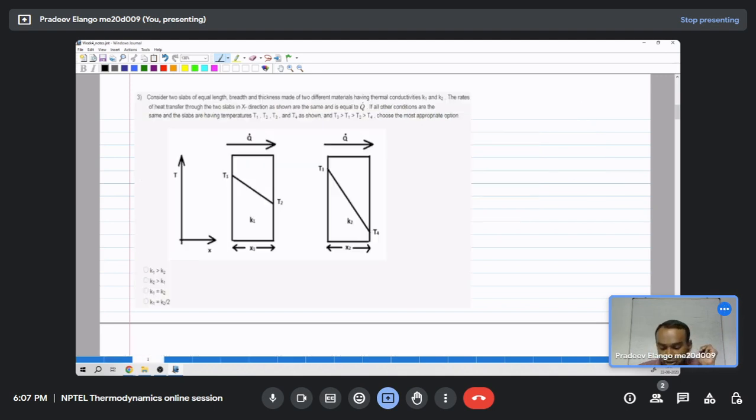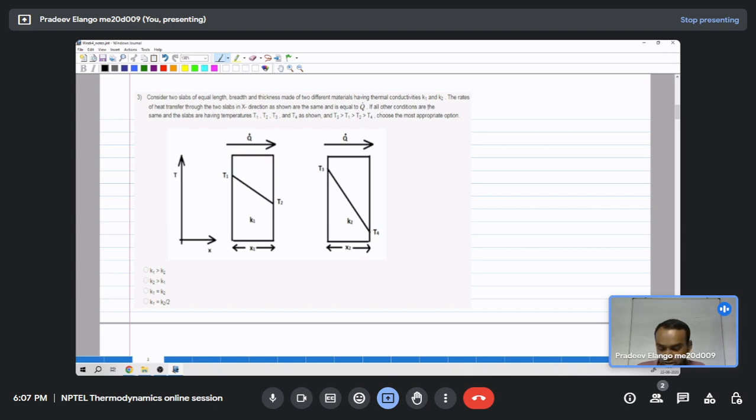The third problem: consider two slabs of equal length, breadth and thickness, made of two different materials having thermal conductivities K1 and K2. The rates of heat transfer through the two slabs in the x direction as shown are the same and equal to Q dot.